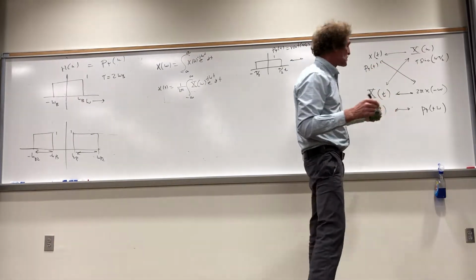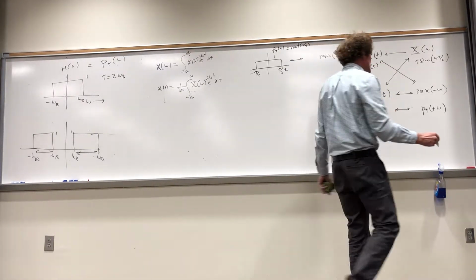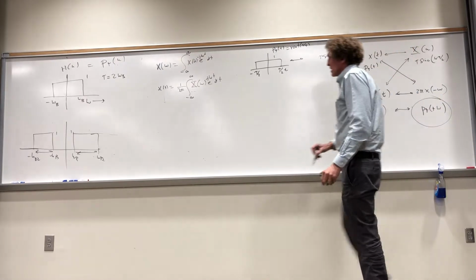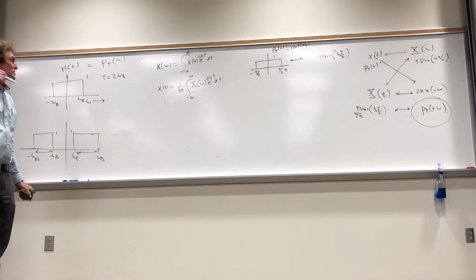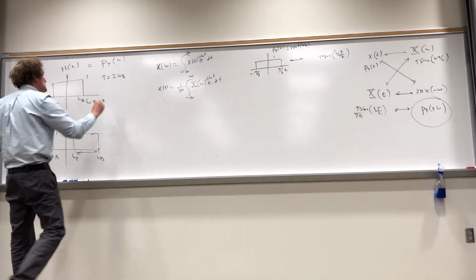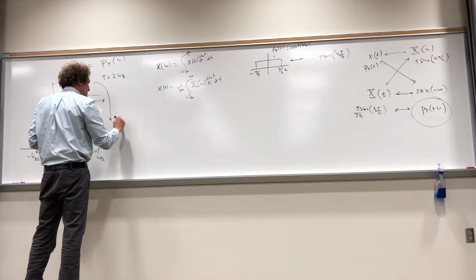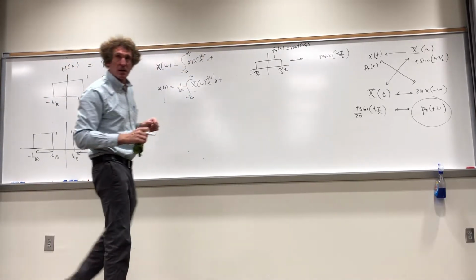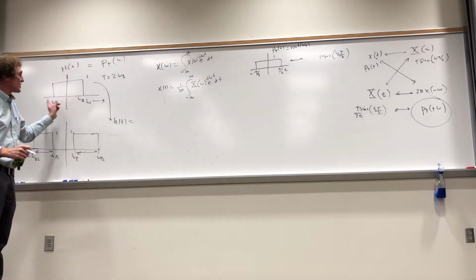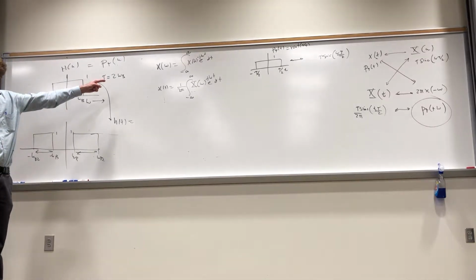Now, anyway, this is what happens. Now look, we have this right here, don't we? Right here, class? So what is the impulse response for this going to be? My h of t is going to be equal to, take a look, tau over 2 pi, correct? But tau is the width, which is 2 omega b, right?